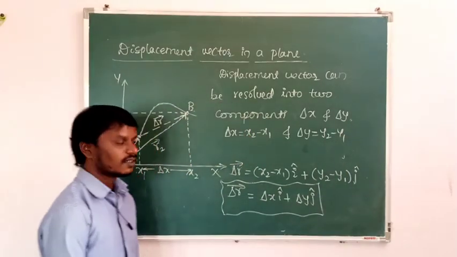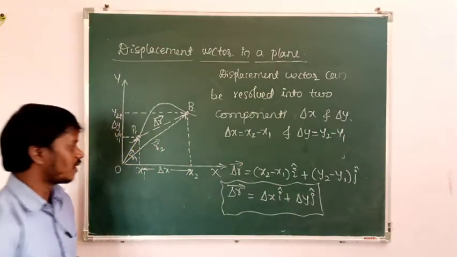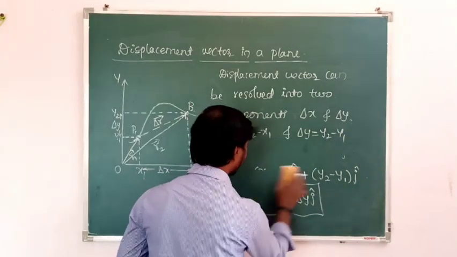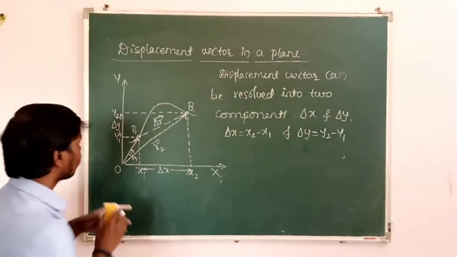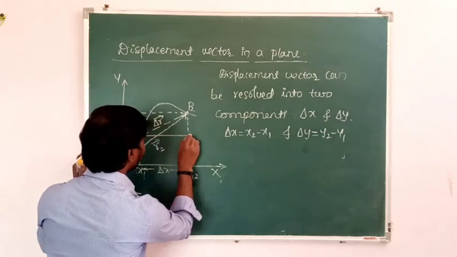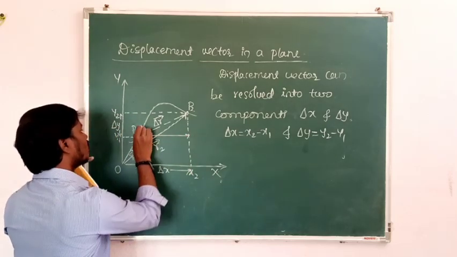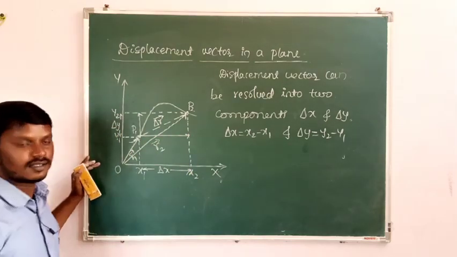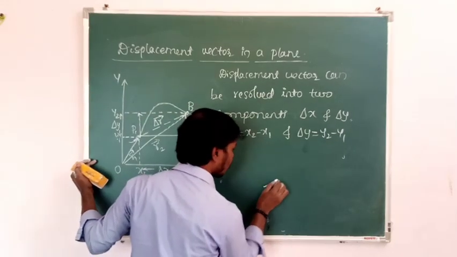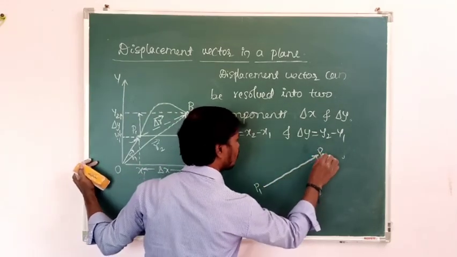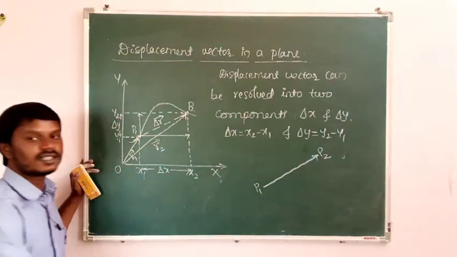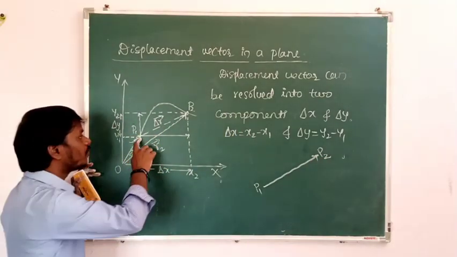Okay, so I will draw the diagram for this one. Let us draw. So it is delta r, and it is the x component of delta r, and it is the y component of delta r. See, it is delta r, then it is p1 and it is p2. Delta r is nothing but the displacement vector from p1 to p2.